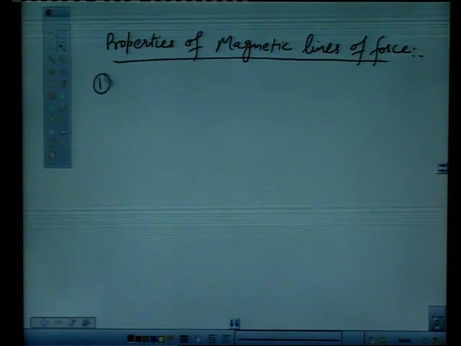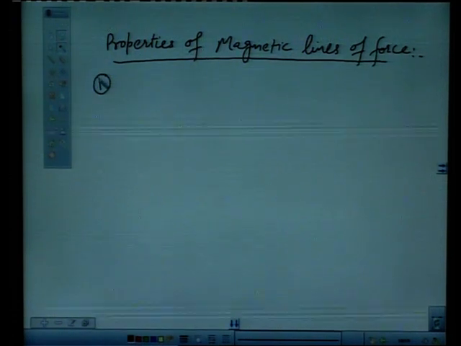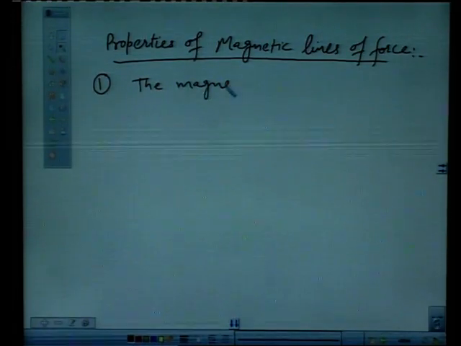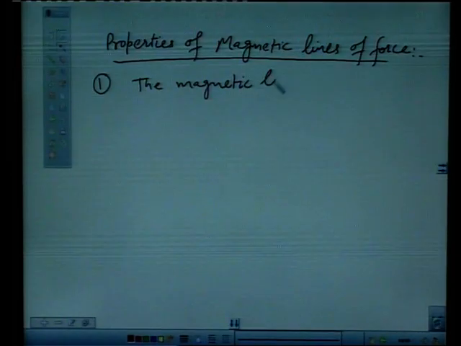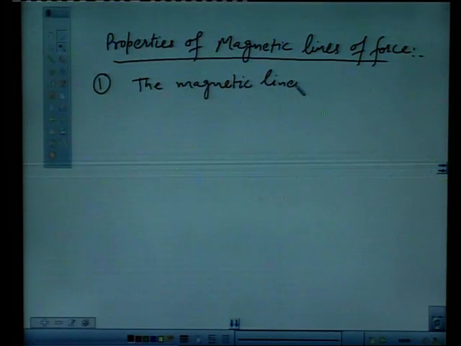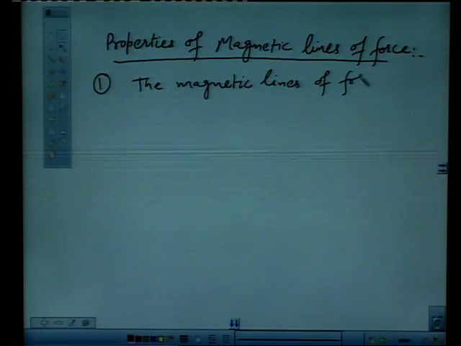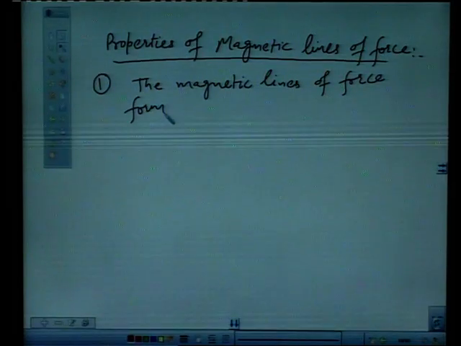The first one is the magnetic lines of force form closed loops.